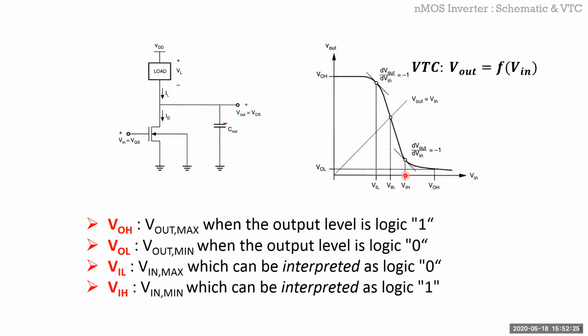So again, same thing. If you look at the derivative here, it is almost 0 here. And as you keep going up, the magnitude will start increasing. At the point when it equals 1, you stop there and say, this is the minimum voltage for which I'll consider the input as 1. Above that is 1. Anything below, I don't know.